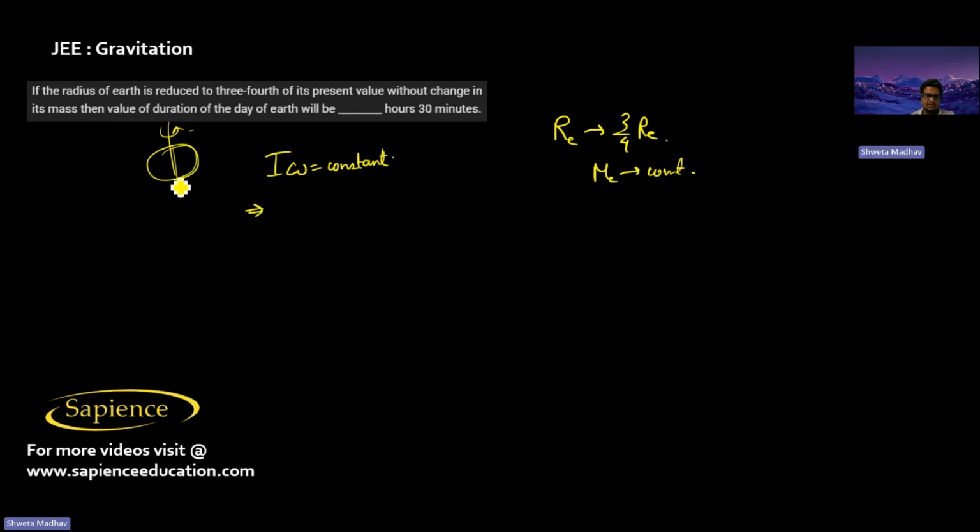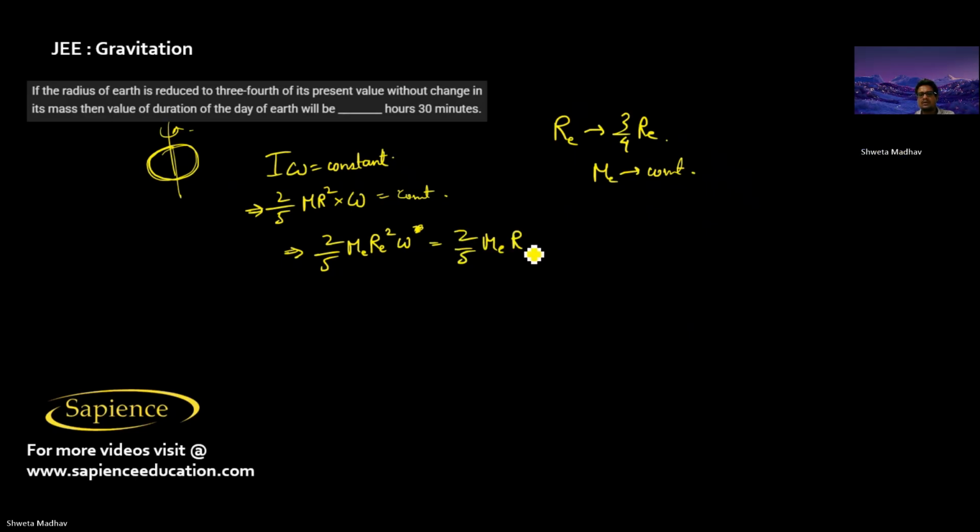If you assume that the Earth is a solid sphere, the moment of inertia is 2 by 5 M R square, so I omega will be constant. So I can say that 2 by 5 Me Re square into omega is equal to 2 by 5 Me into R dash square into omega dash.